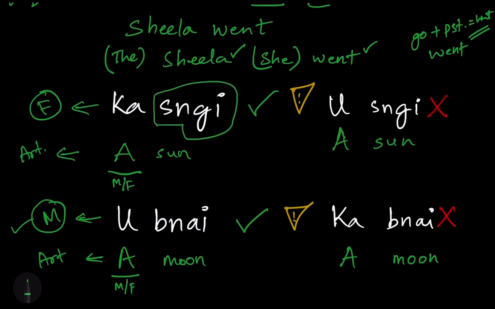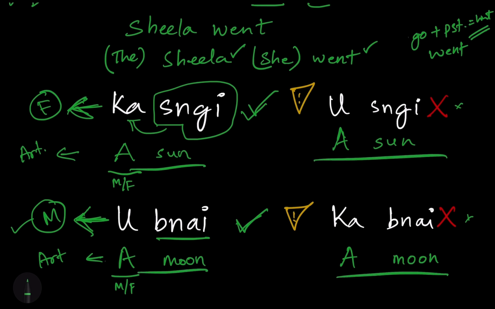Sngi will always be a feminine gender, and bnai will always be a masculine gender. So this is right and this is wrong.